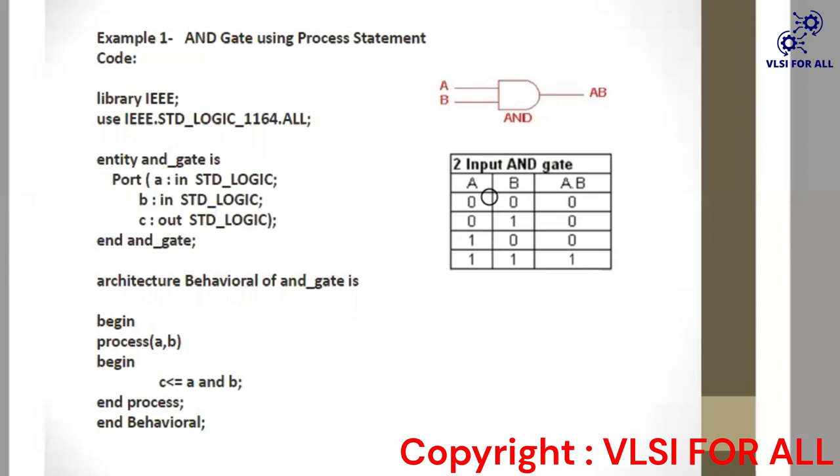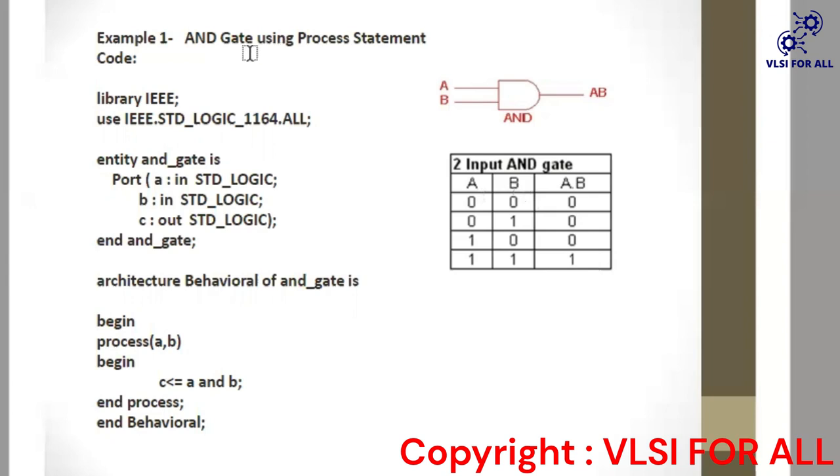When A is 0, the output is 0. When B is 0, the output is 0. When both inputs are 0, the output is 0. So for the AND gate output to be 1, all the inputs should be 1.